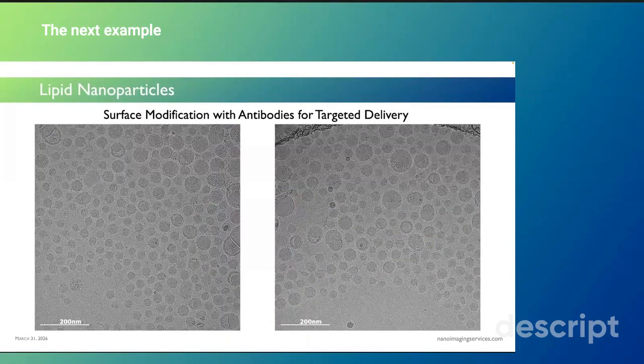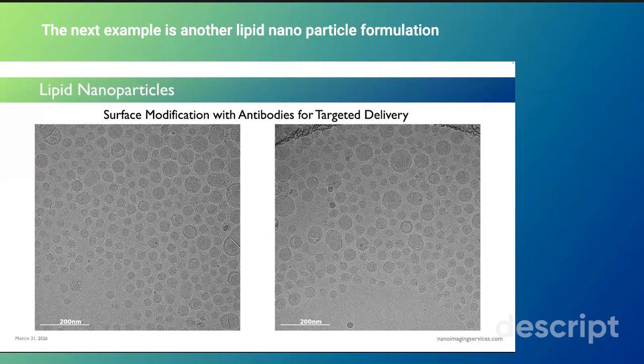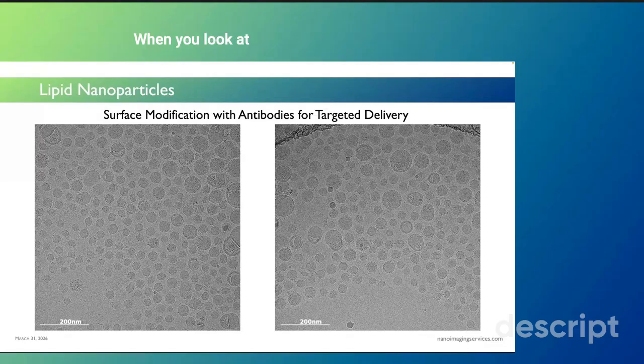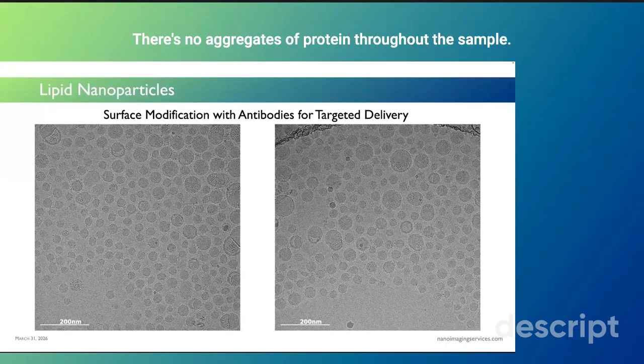The next example is another lipid nanoparticle formulation that was also supposed to have a surface modification, this time with antibodies for targeted delivery. When you look at 2D cryo-EM images of these particles, now you can see, first of all, it's a much cleaner sample. There's no aggregates of protein throughout the sample.